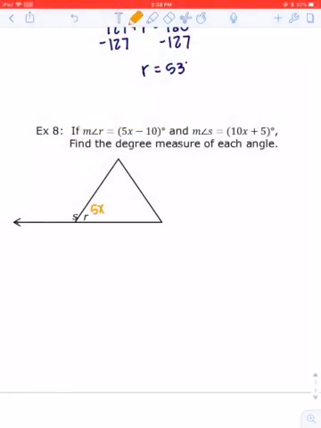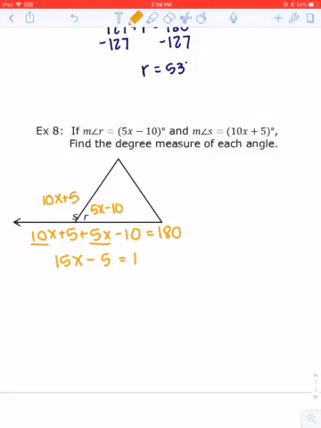So they give you 5x minus 10, 10x plus 5. When I add those, set them equal to 180, combine like terms, and I would get 15x minus 5 equals 180. Isolate my variable. 15x equals 185.